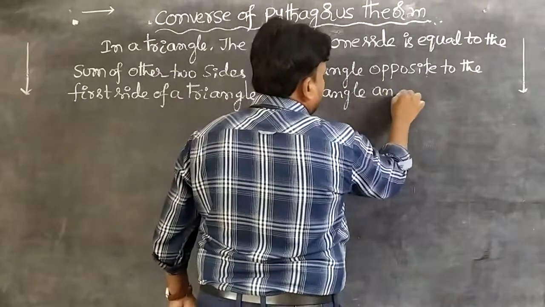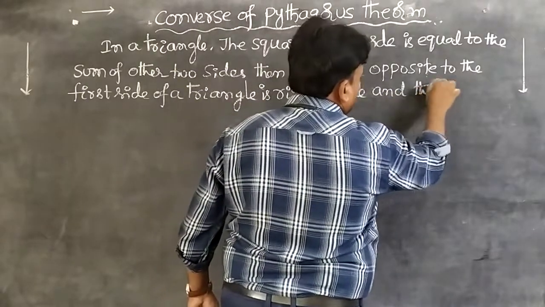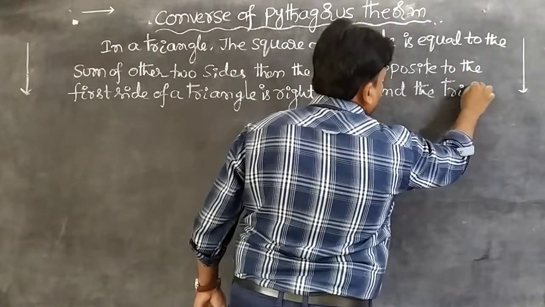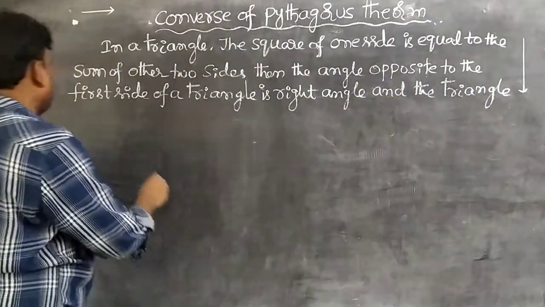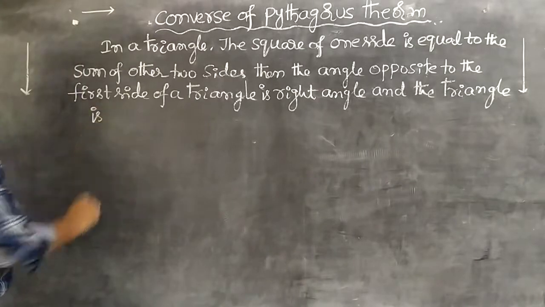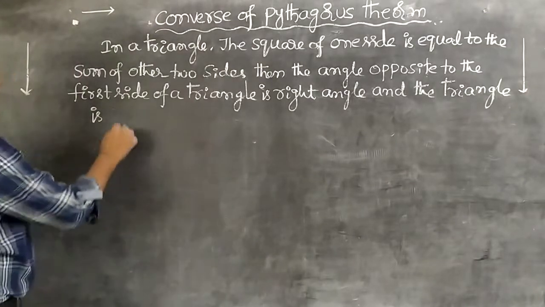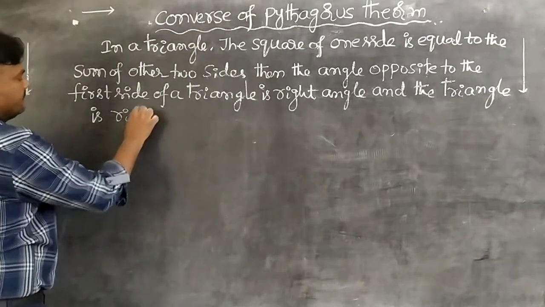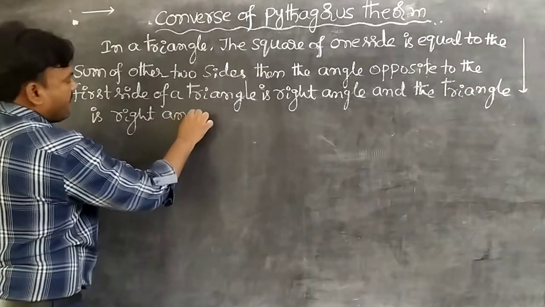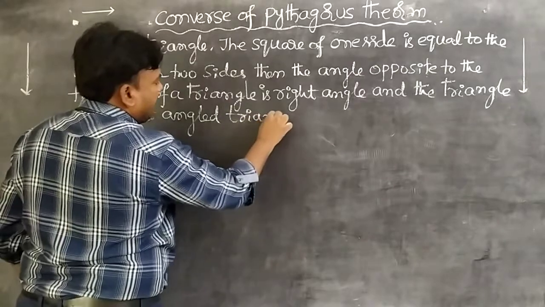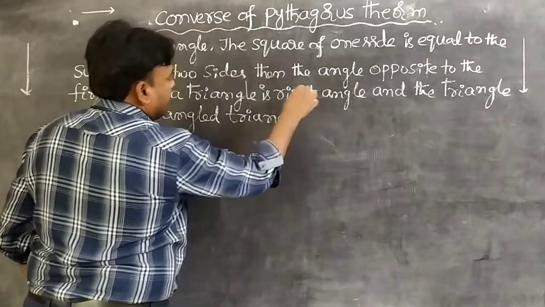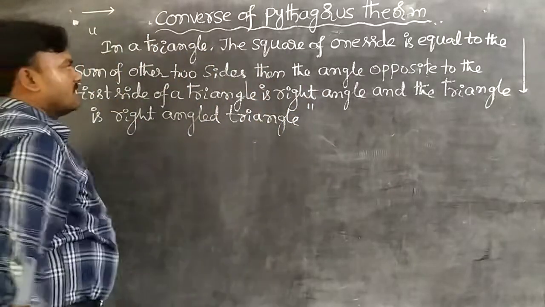And the triangle is a right angled triangle. Okay, students, observe the statement once again.